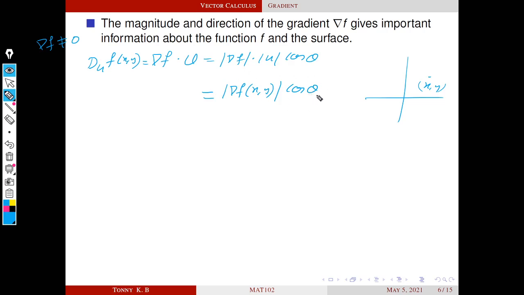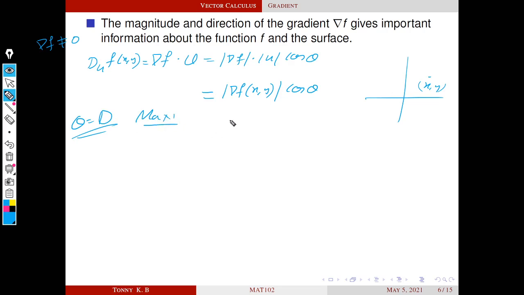Then what is the maximum value of cos theta? That is 1. So the maximum value of this directional derivative at a particular point is attained when theta equals 0.